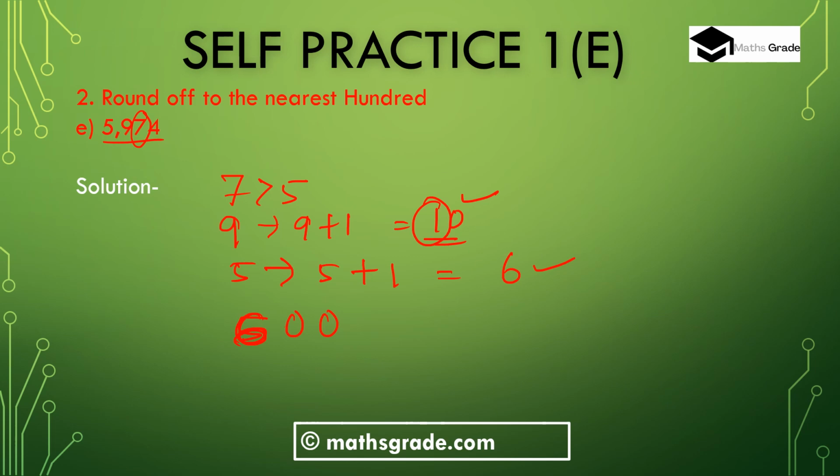Write down tens place digit 0 and unit place digit 0. So 6000. So 5974 rounded off to the nearest 100 will be 6000.